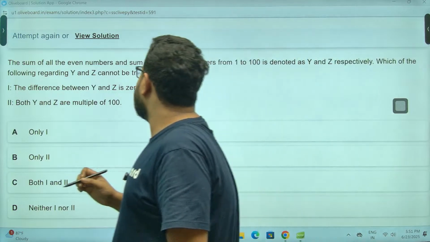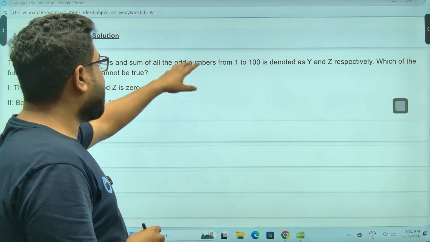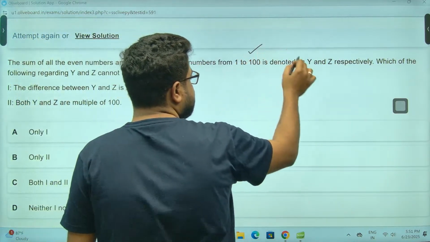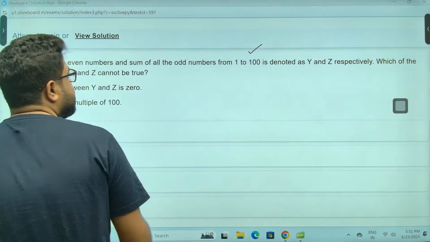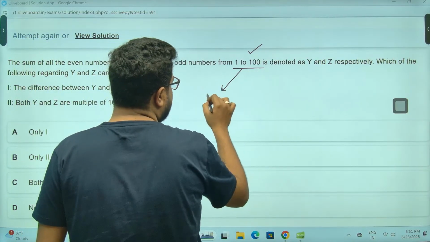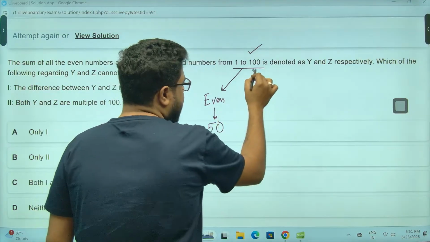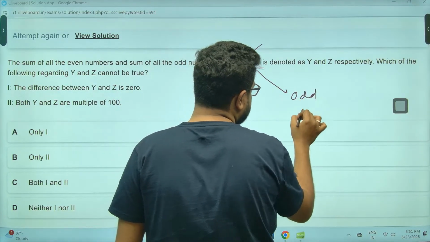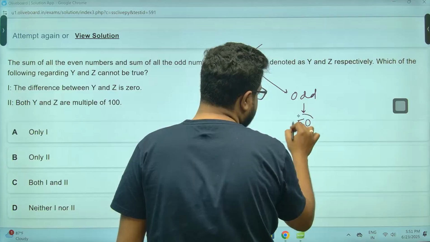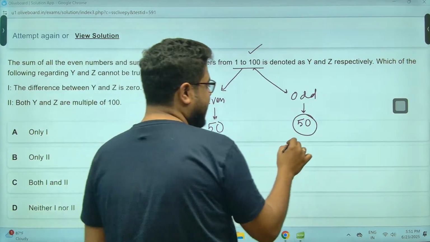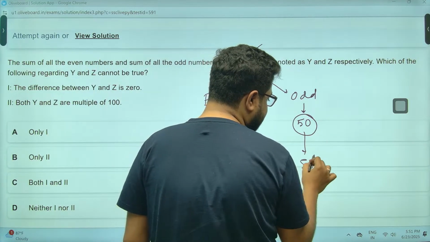The sum of all even numbers and the sum of all odd numbers from 1 to 100 are denoted by... Sir, 1 to 100 even numbers, how many? Half. Even 50 and odd numbers 50. The sum of the first n odd numbers is n square.